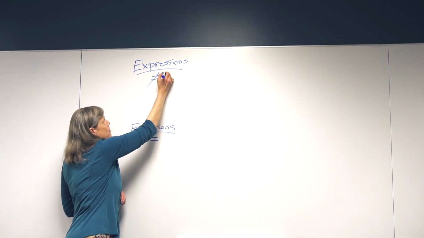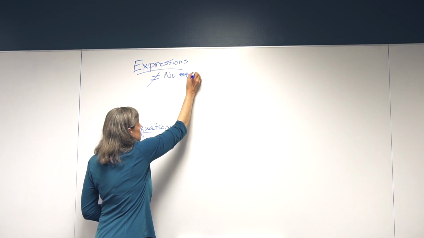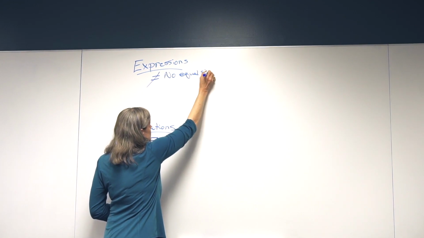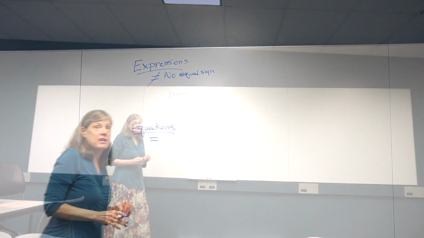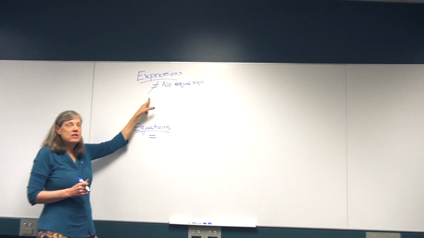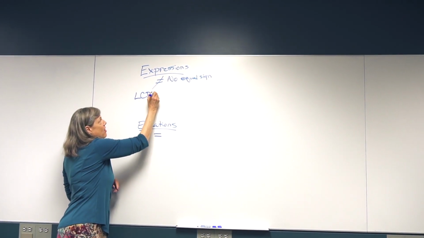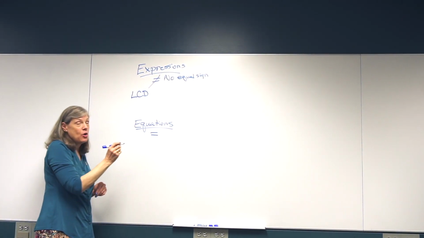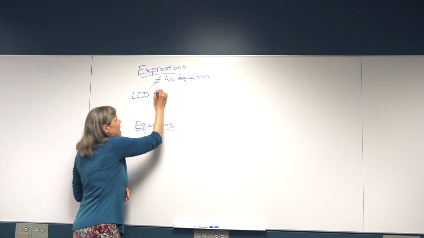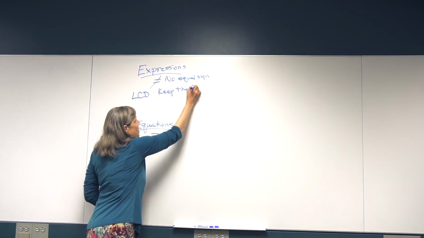Expressions do not. No equal sign. That's the first thing. The next thing is if expressions have denominators, then we get an LCD, lowest common denominator, and we keep the denominator.